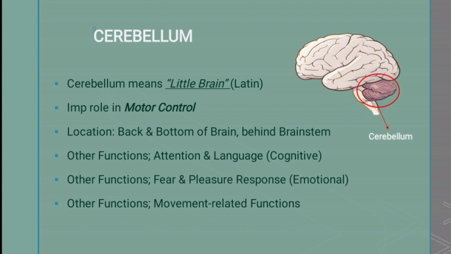That's the location of the cerebellum, and the cerebellum plays an important role in cognitive functions like attention and language, and also emotional functions like fear and pressure response. These all are associated with the cerebellum. And also the movement-related function, as I mentioned earlier, is very important in the case of the cerebellum.